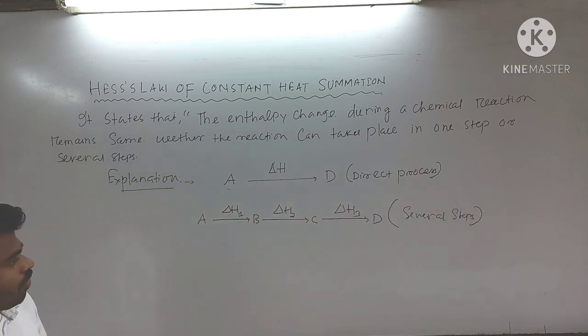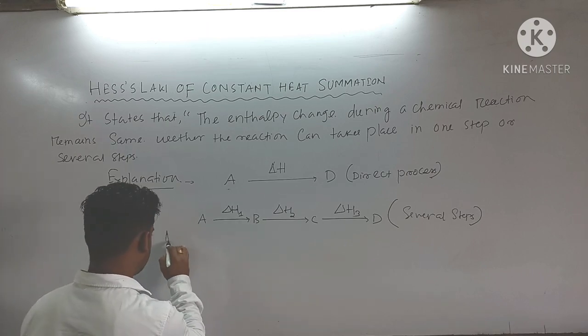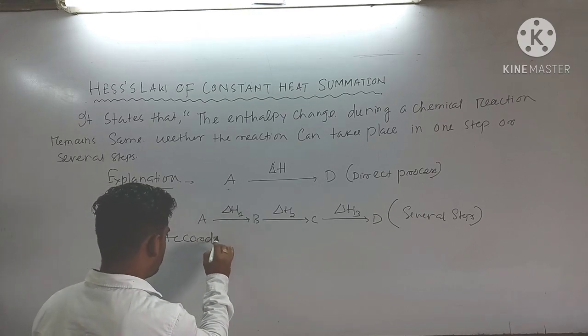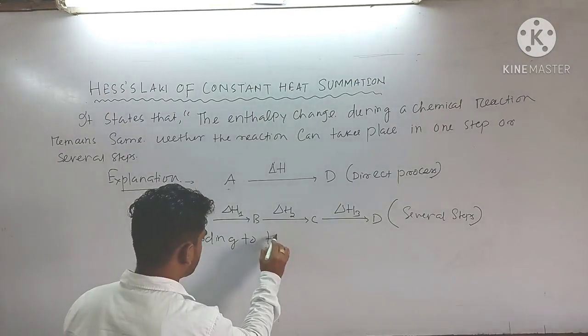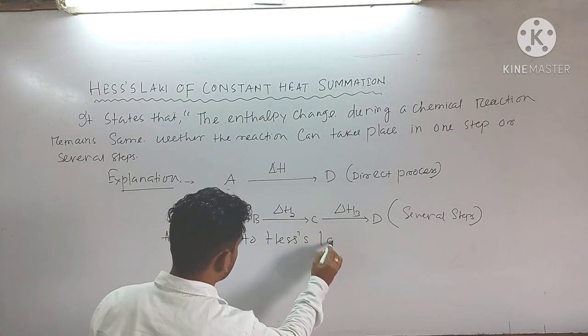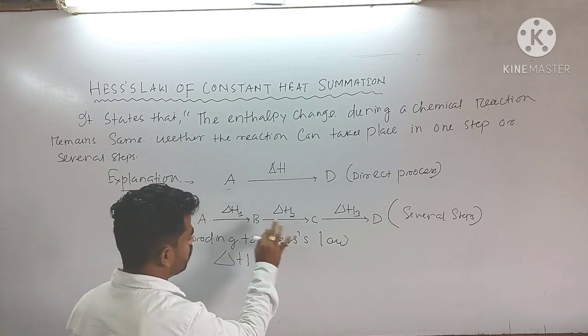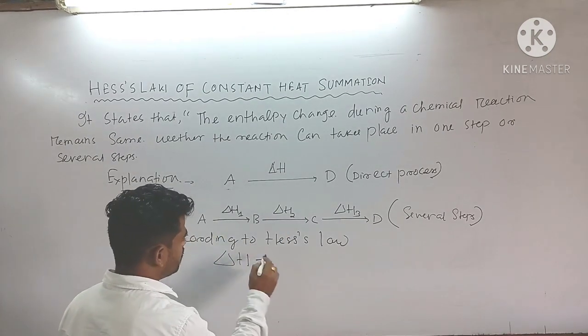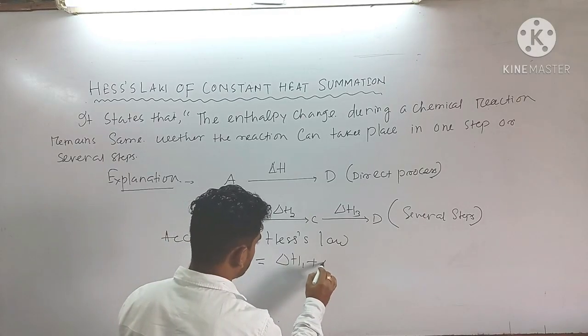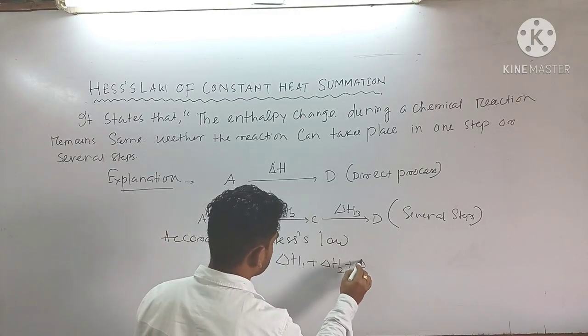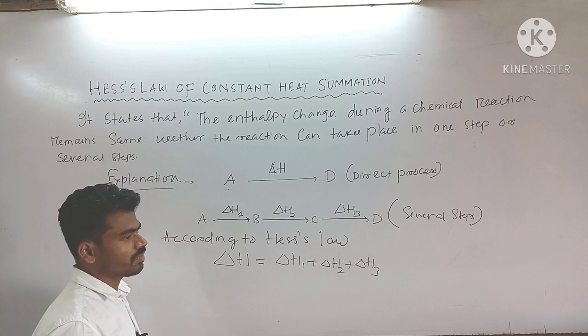Okay. So now, according to Hess's law, what can I write? del H direct is equal to del H1 plus del H2 plus del H3. That clear?